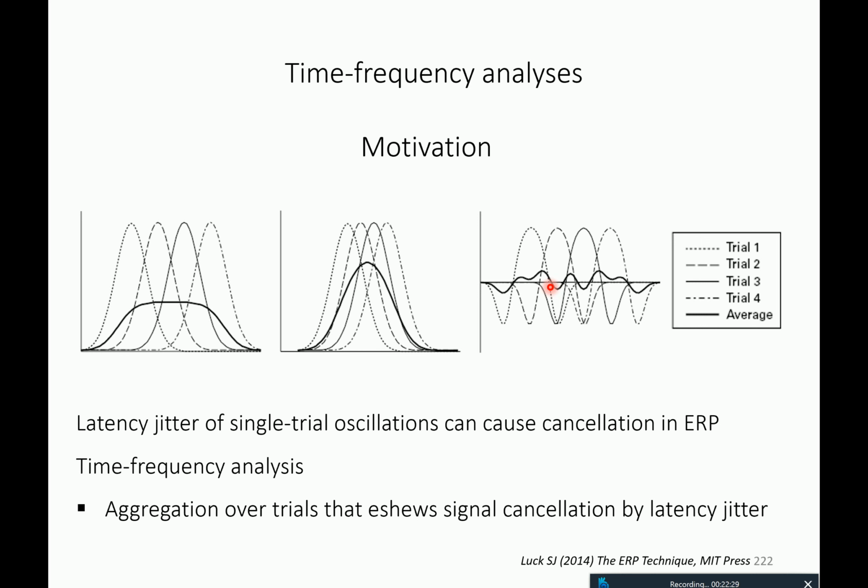So don't let these people fool you that oscillations are somehow the most neurobiologically sensible thing. From a data analysis point of view, they are a sensible thing to do, but it's not that if you look at oscillations, this is the real neural activity. It's just one way to analyze and project EEG data.